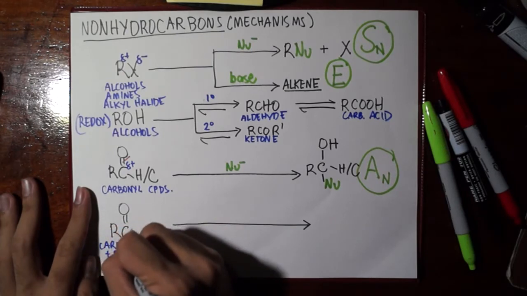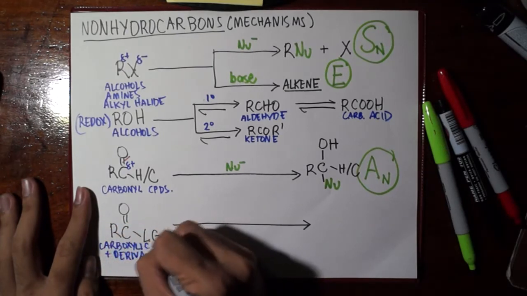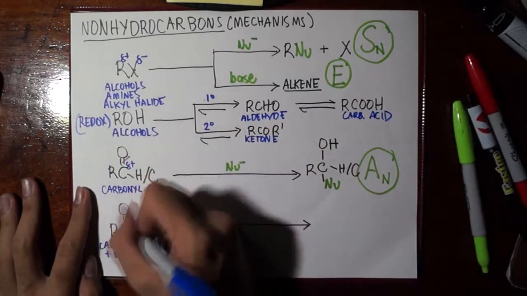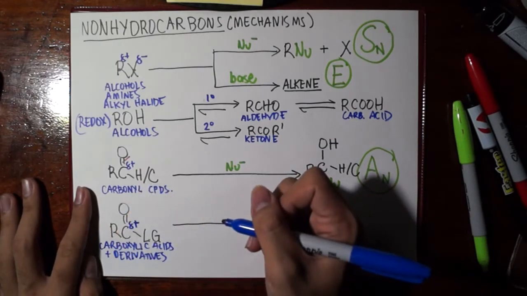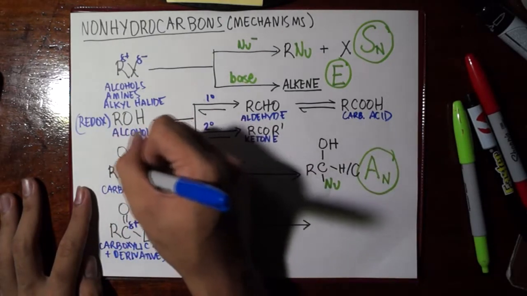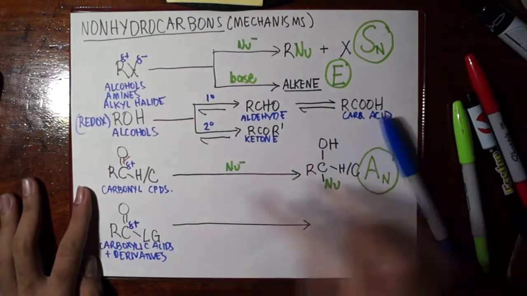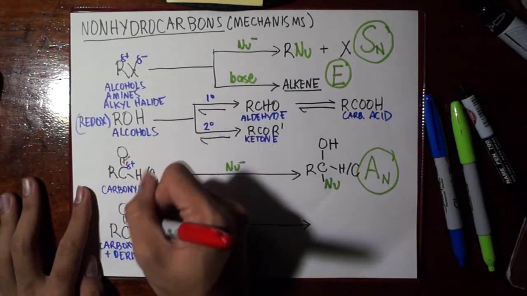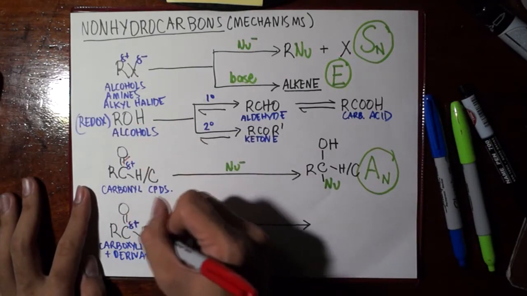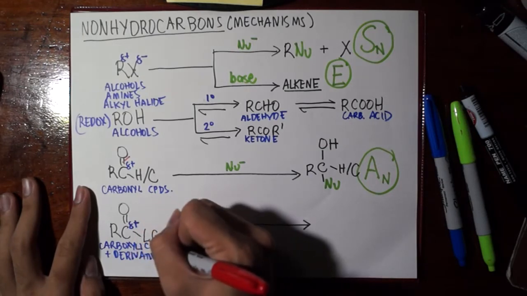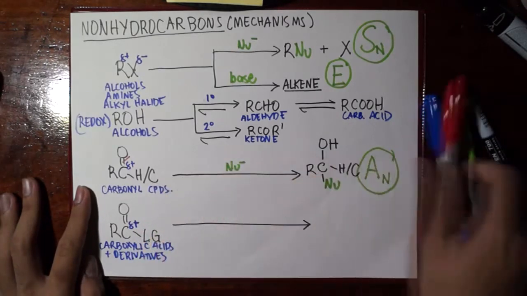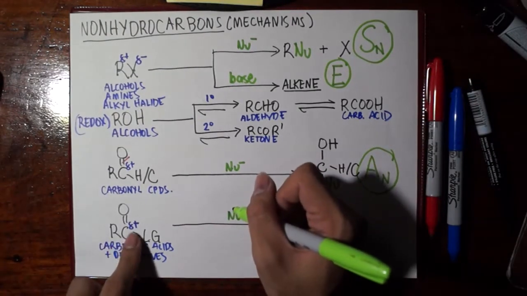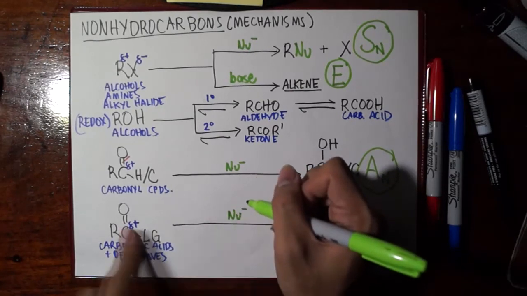Other than the fact that they could undergo redox reactions, generally here we also have a partially positive carbon, but this time, unlike the carbonyl compounds which have a stable C to H or C to C bond, this one is polar. So you don't have to sacrifice the pi bond. These are leaving groups, and they will go away, and the nucleophile, since we have a partially positive carbon and a negative nucleophile, they match together.